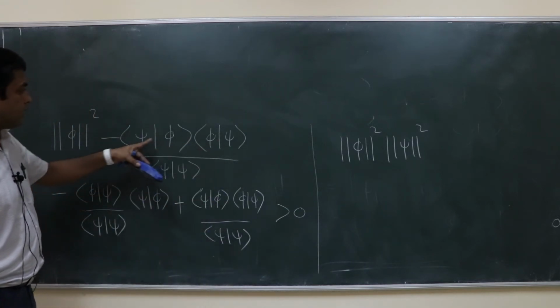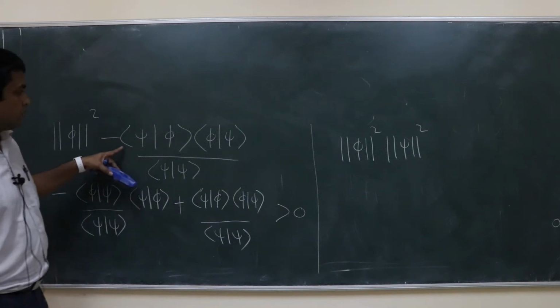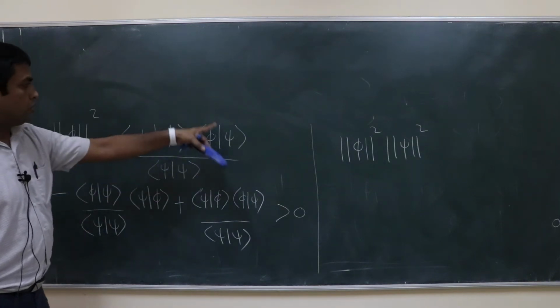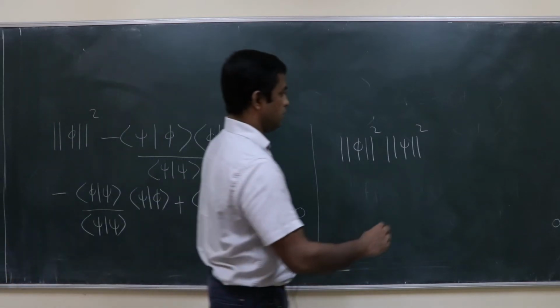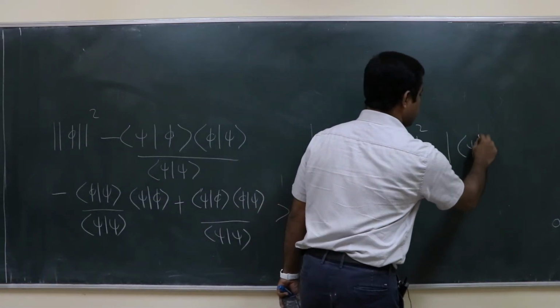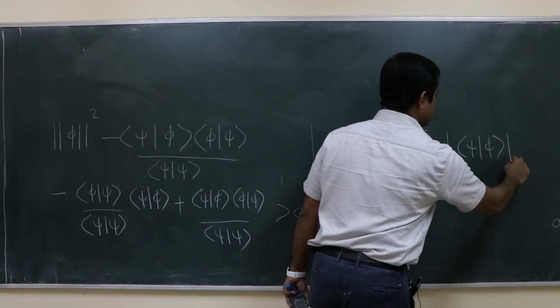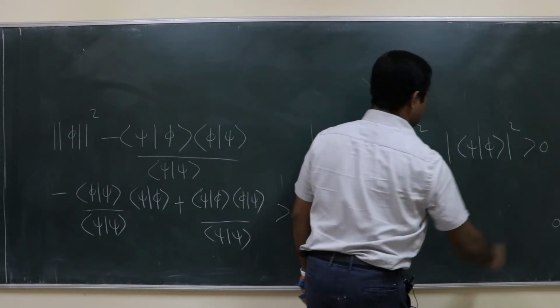What is bra psi ket phi, bra phi ket psi? Modulus of bra phi ket psi square. Modulus of bra psi ket phi square. So minus modulus of bra psi ket phi square, which is greater than 0.